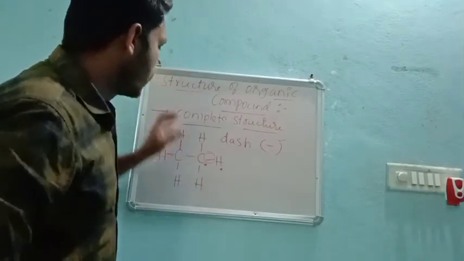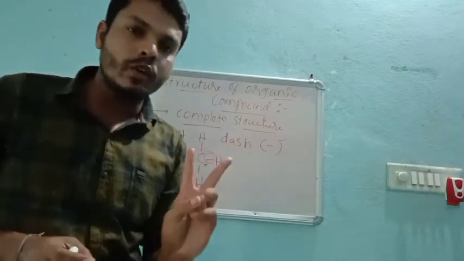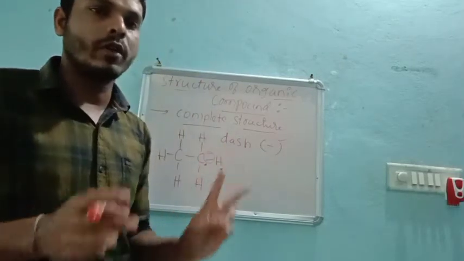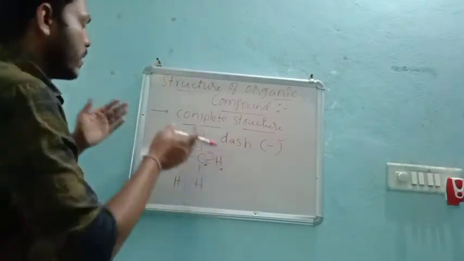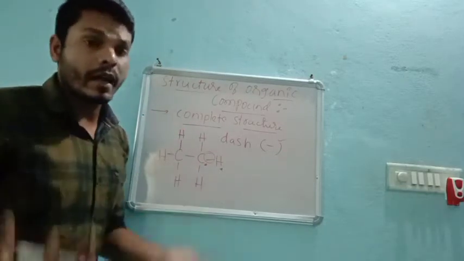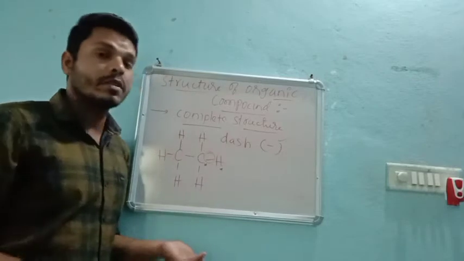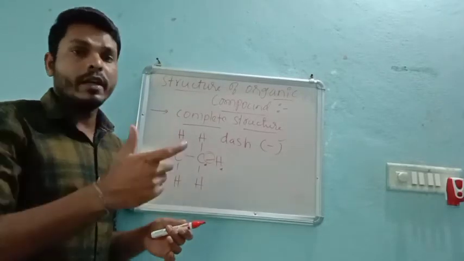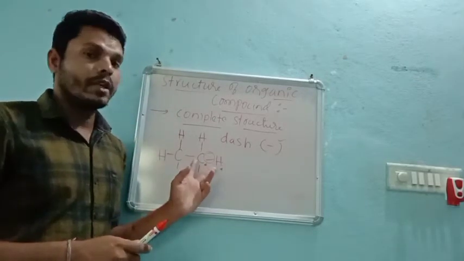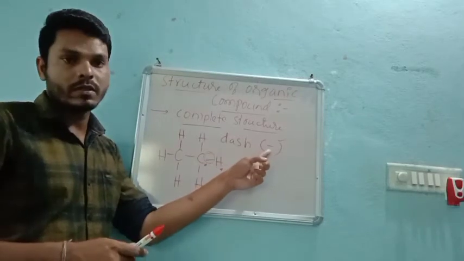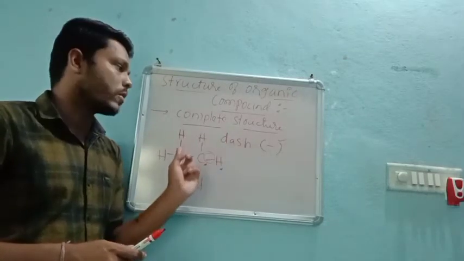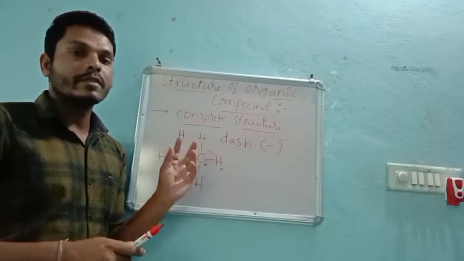Very important and very simple. If we use a dash in between any 2 atoms present in the molecule, there may be 10 atoms in a molecule, there may be 15 atoms in a molecule. In between each and every atom, there should be a dash. Then such types of structures are called complete structures.